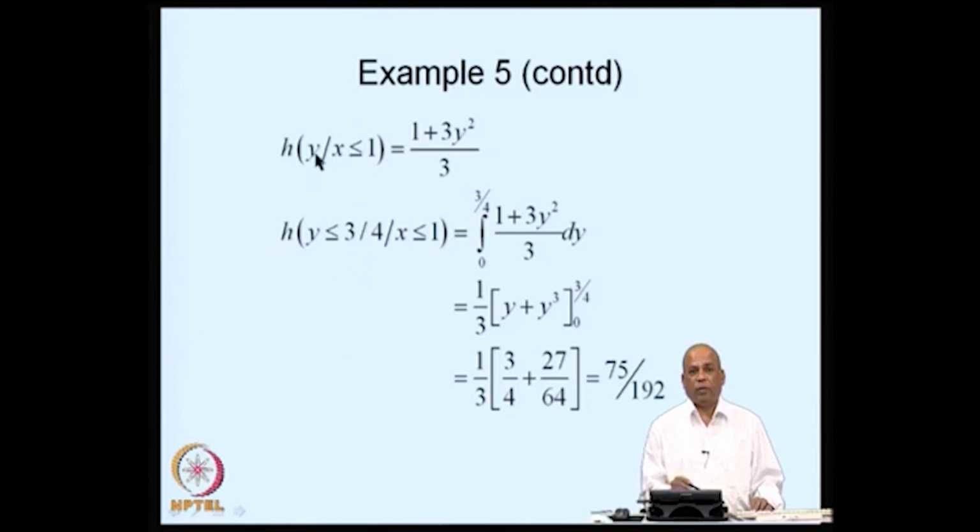So, from this we should be able to get any probabilities associated with y conditioned on x being less than or equal to 1. So, we integrate in this region 0 to 3 by 4 the conditional density h of y given x less than or equal to 1, and we obtain this as 75 by 192.